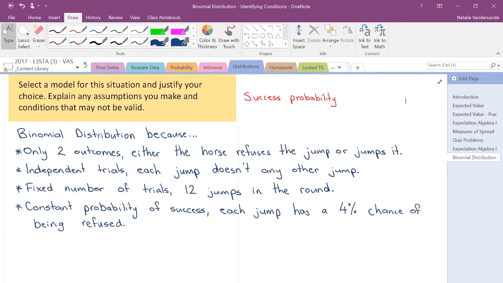Now, explain any assumptions you make and conditions that may not be valid. In this case, the conditions of independent trials and a constant probability of success may not be valid.